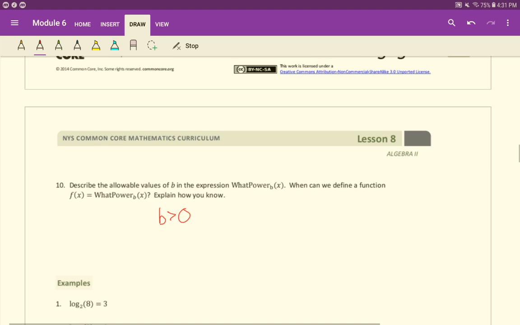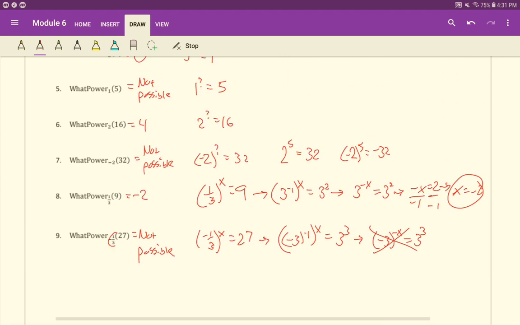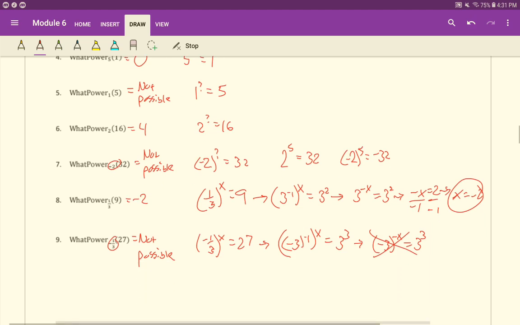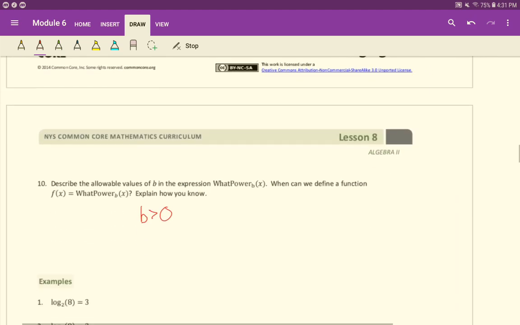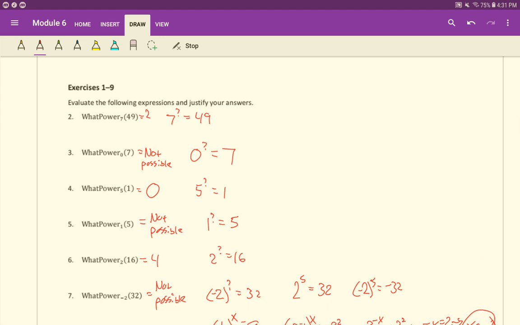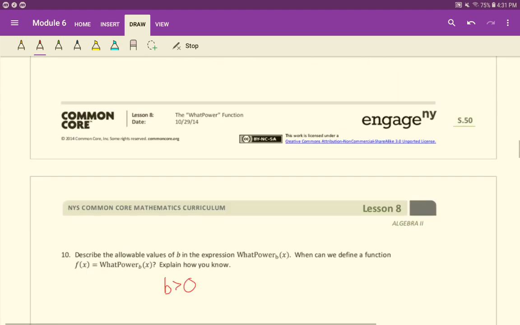If you look up here, all the ones where these little numbers were negative were not possible. So we want b to not be negative. And you'll notice I didn't put equal to 0 too. We also don't want b to equal 0 because you can't take 0 to some power and get a number. 0 to any power is going to be 0. So again, we don't want to include 0.